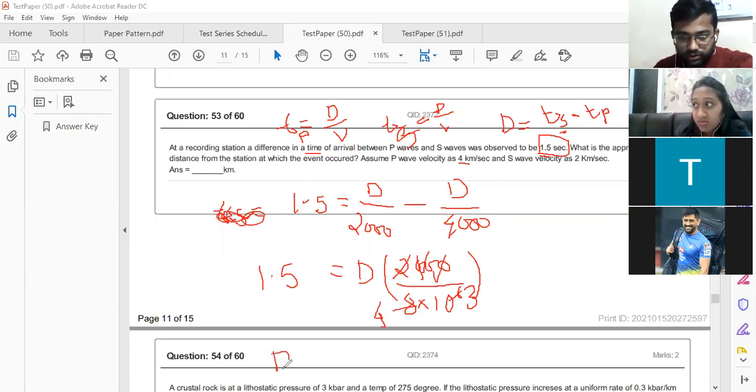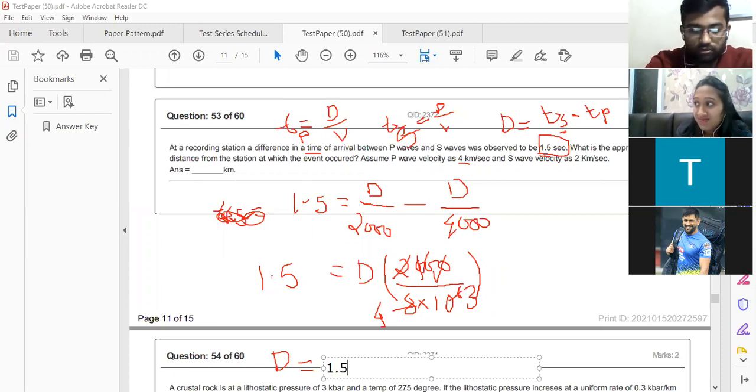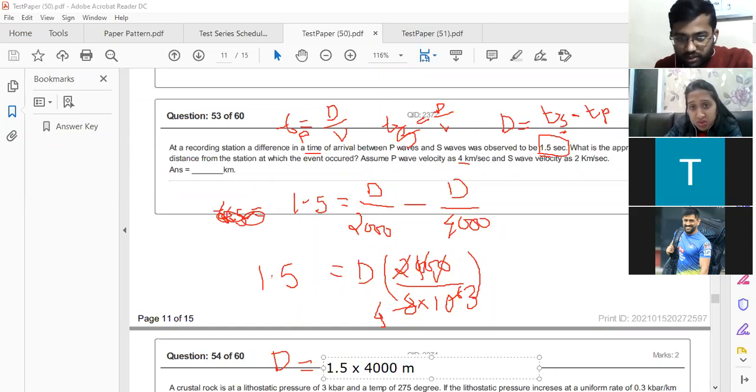So you get d is equal to 1.5 multiplied by 4000 meter. The second cancels because this value, 8 into 10 to the power 6, is in meter per second, and this is in second, so second gets cancelled.